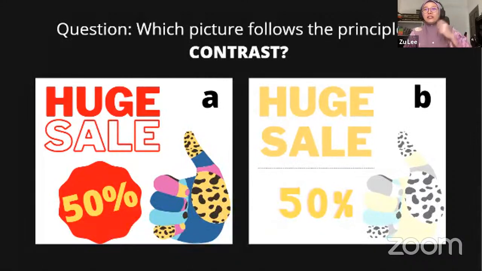If you look at the huge scale, I experimented with the color and the typography. Compared to picture B, when you use just the same font for your presentation, it looks very bland. So try to use different fonts, different types of style. And the red stands out against the white background.